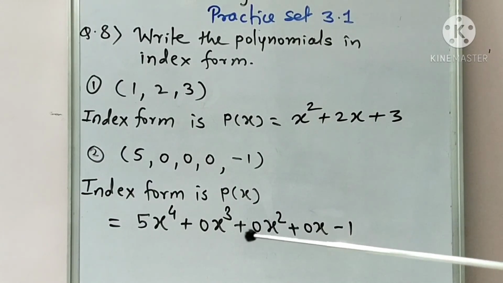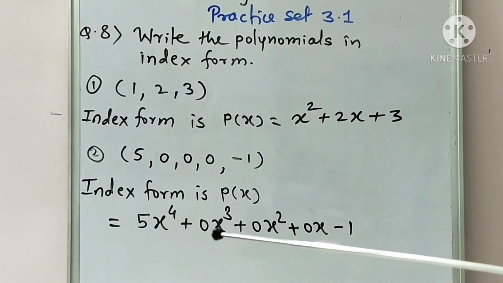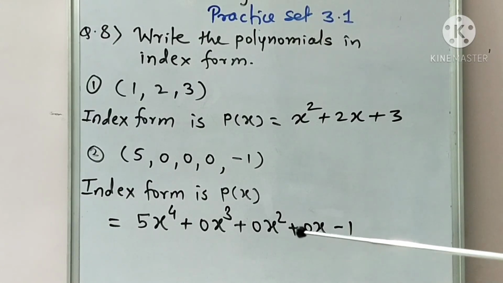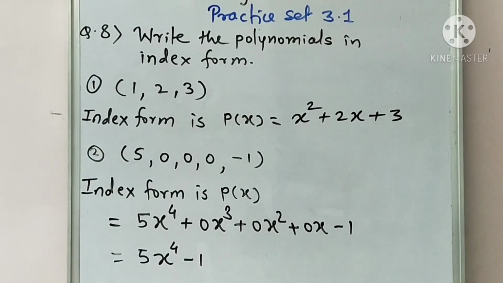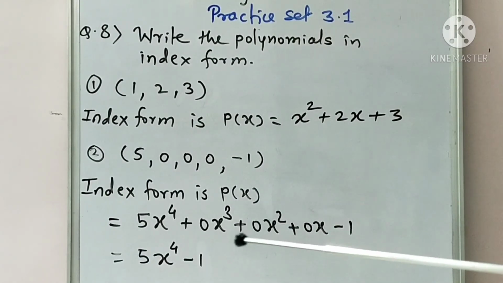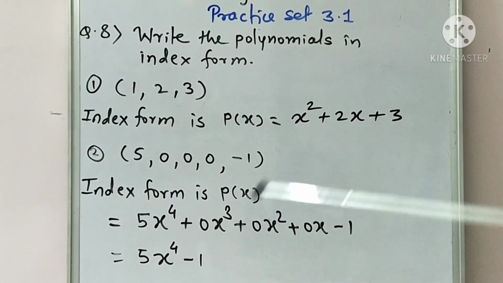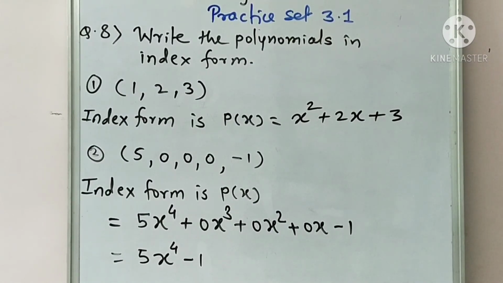But as we know, any number or term multiplied by 0 gives 0. So these 3 terms are eliminated, and only the simplest form of the polynomial remains: 5x raised to 4 minus 1 is the index form of that polynomial.